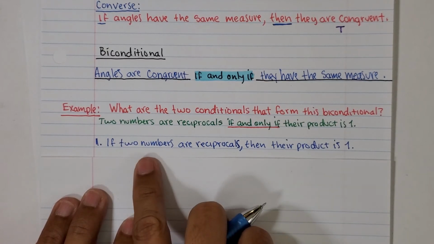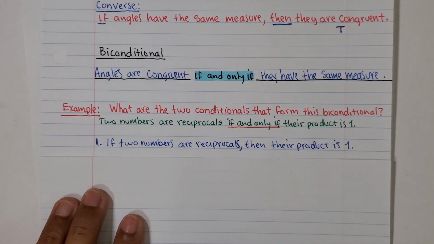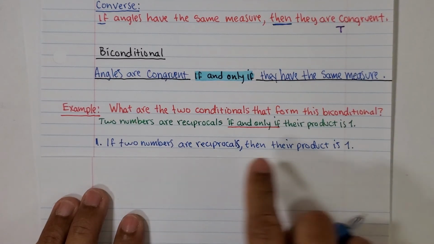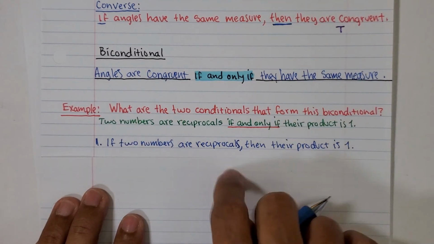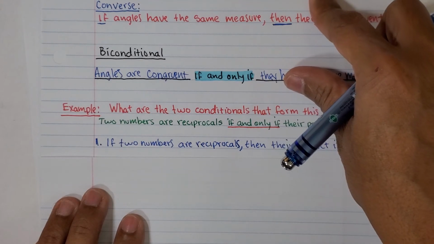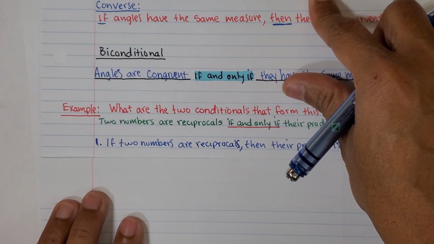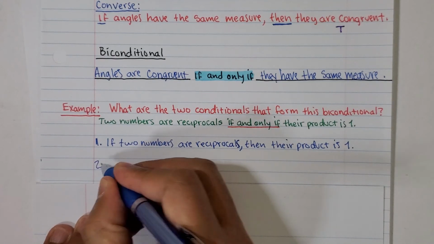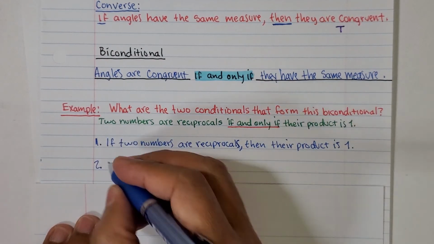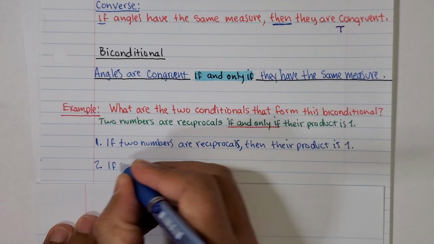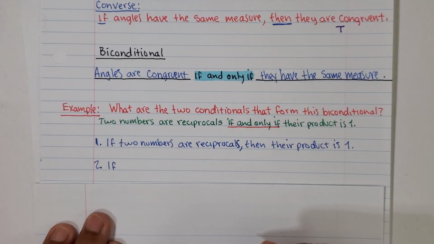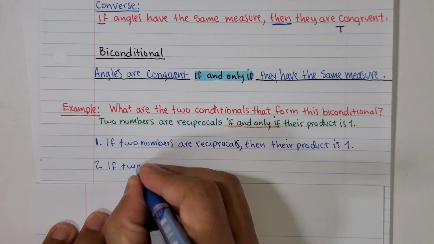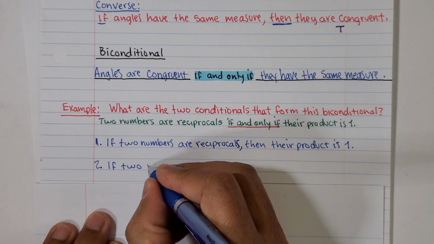So notice, let's say this is the conditional statement. It doesn't matter which one it is. Now to get the other one, I'm going to do the converse of this one. The second conditional from this biconditional is going to be if. Again, you always have if, because this is a conditional statement.